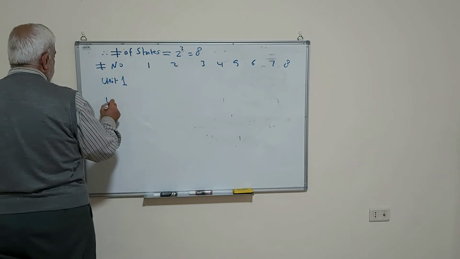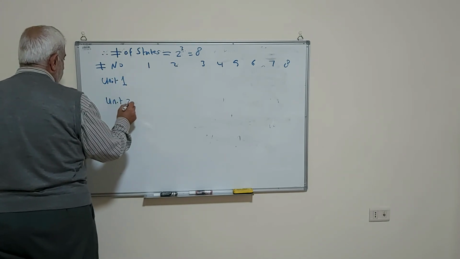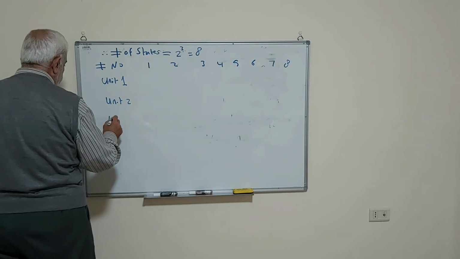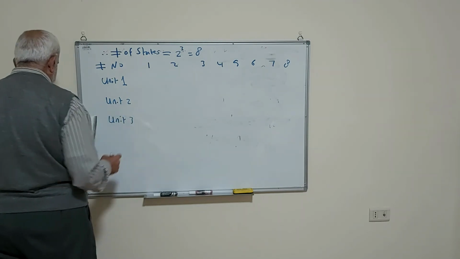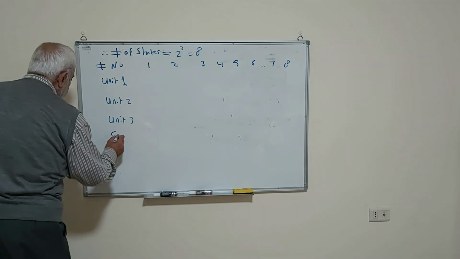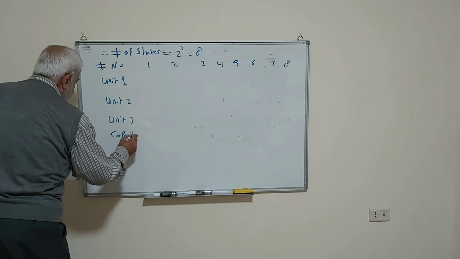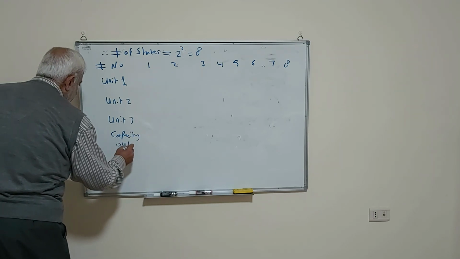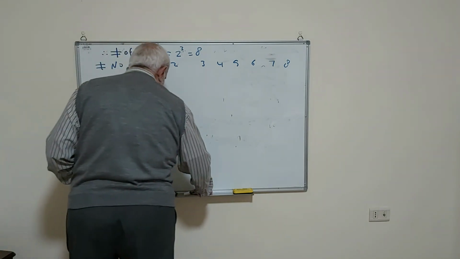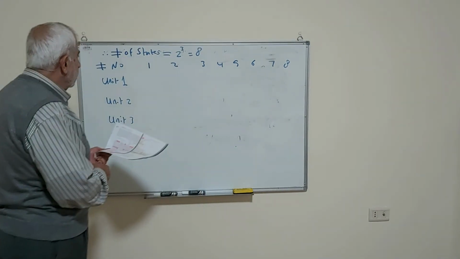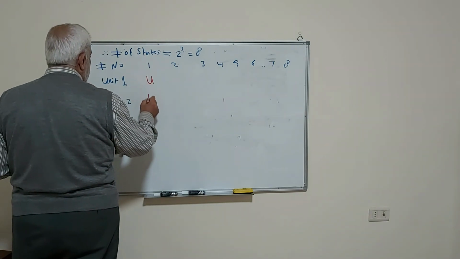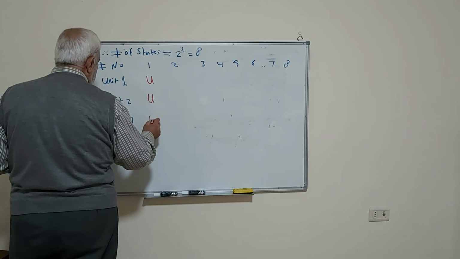Here we have unit 1, unit 2, and unit 3, and capacity out here. Then we can have all the units up.